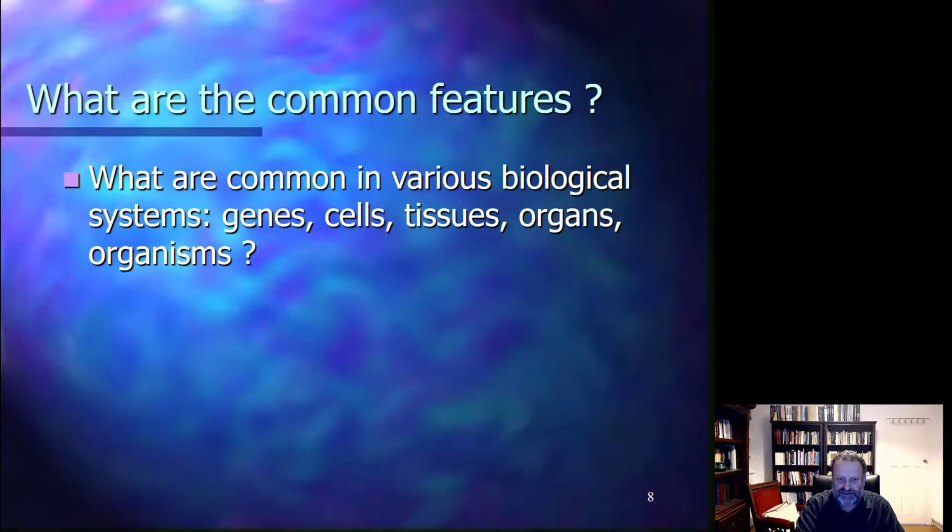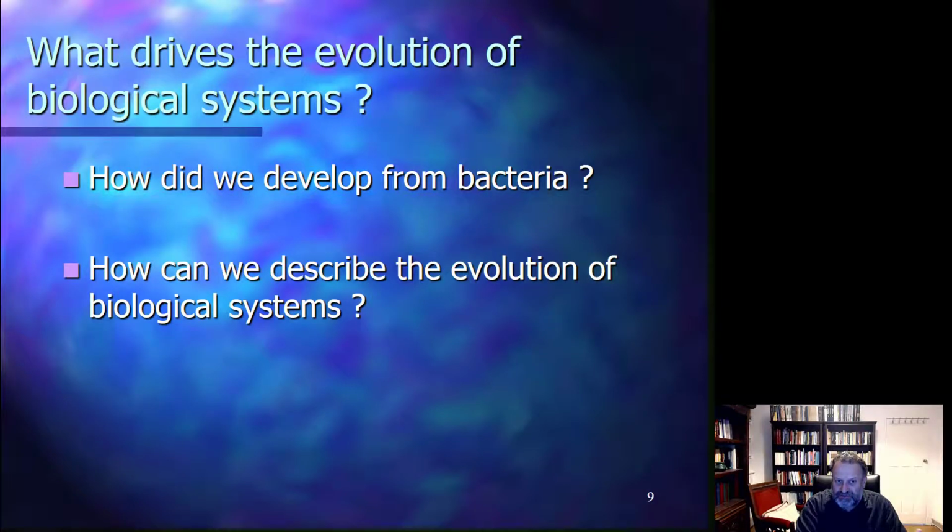So, how can you understand the evolution of these biological systems? What are the common things, first of all? They all have genes, they have cells, they have tissues, organs. They are all forming organisms, and there are interactions between organisms. What drives this evolution?